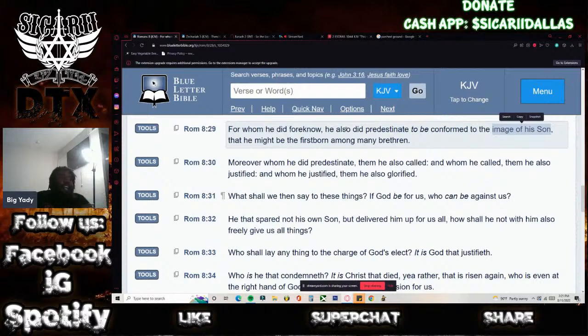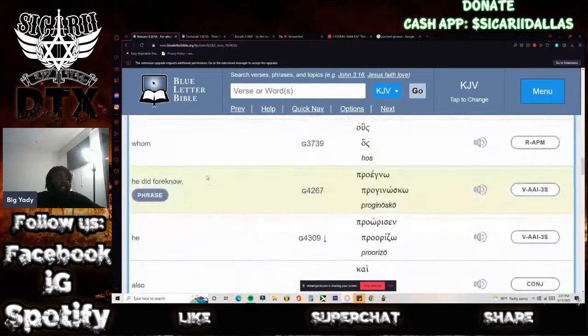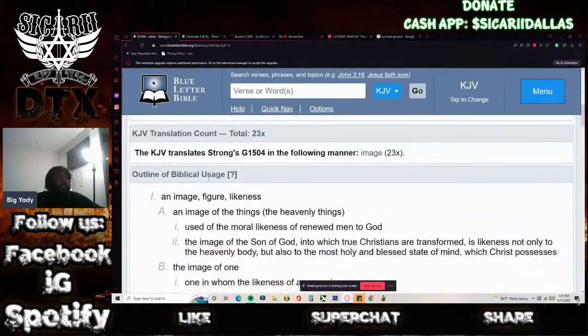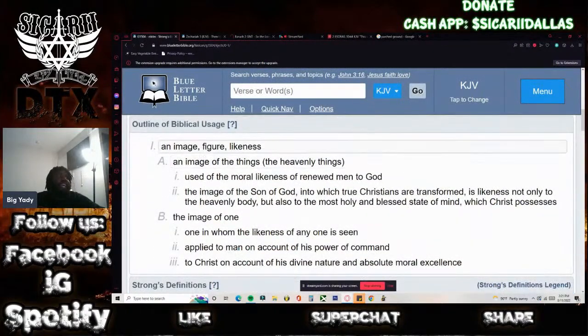Just like how Christ died, he was resurrected and in glory to become that chief cornerstone. We follow after him, to be conformed after the image of him, his likeness. Because you look at this word image, I go into this all the time, icon, which means an image, figure, likeness.